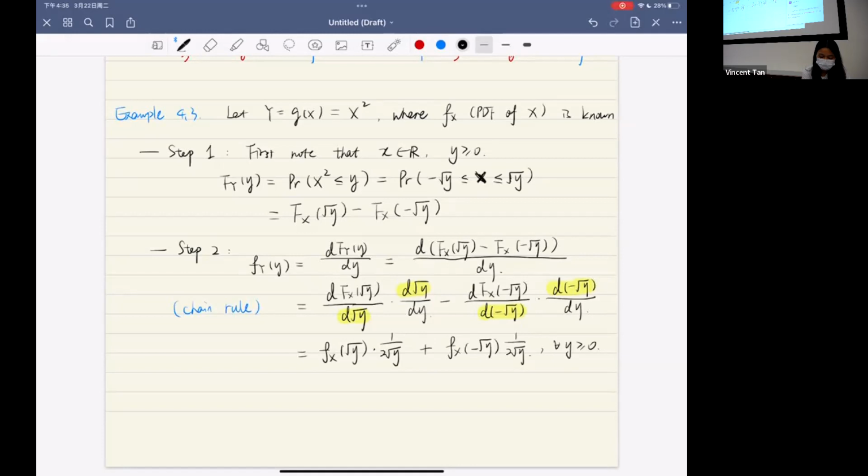This is an example where we know that the PDF of x is given, but we don't know the form of the F_X.